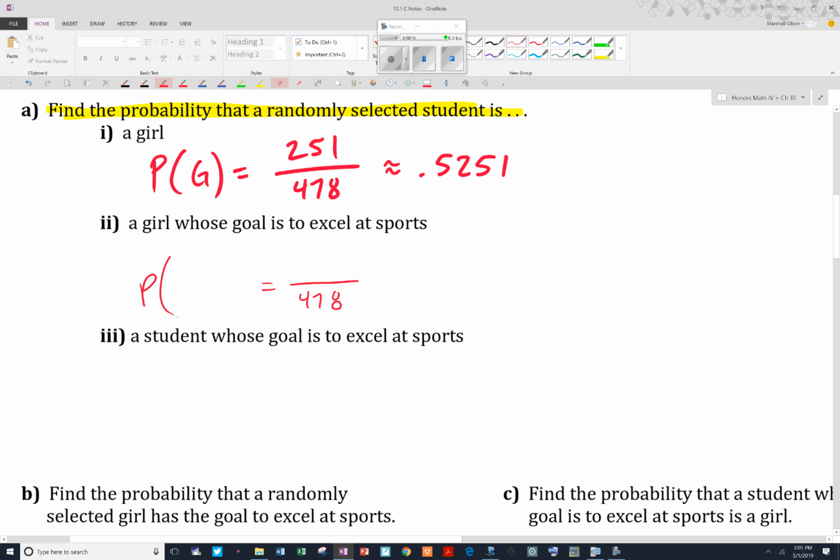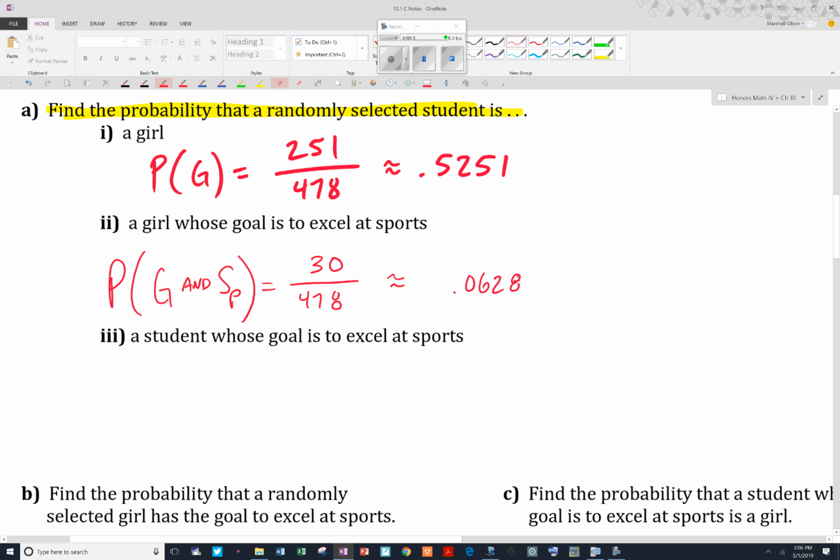The probability that a selected student is two things, a girl and their goal is to be good at sports. So this is an and probability really that we're finding right here. Out of all the students, how many were girls that wanted to excel in sports? 30, right? There's your numerator. 30 out of the 478. That's about 0.0628.